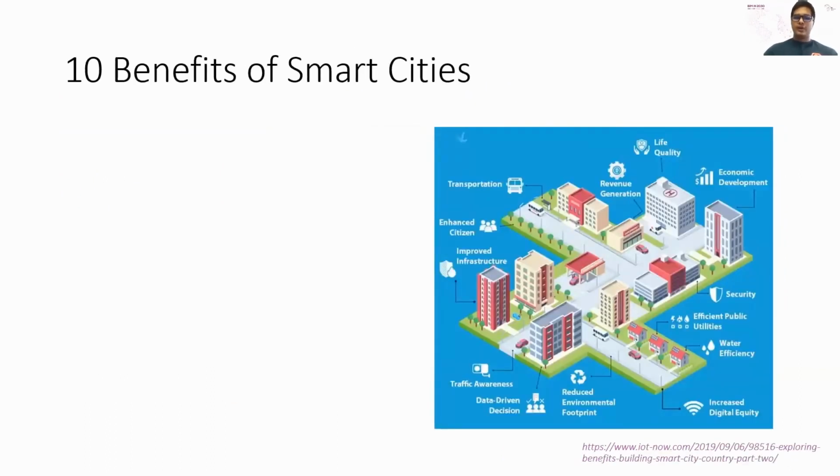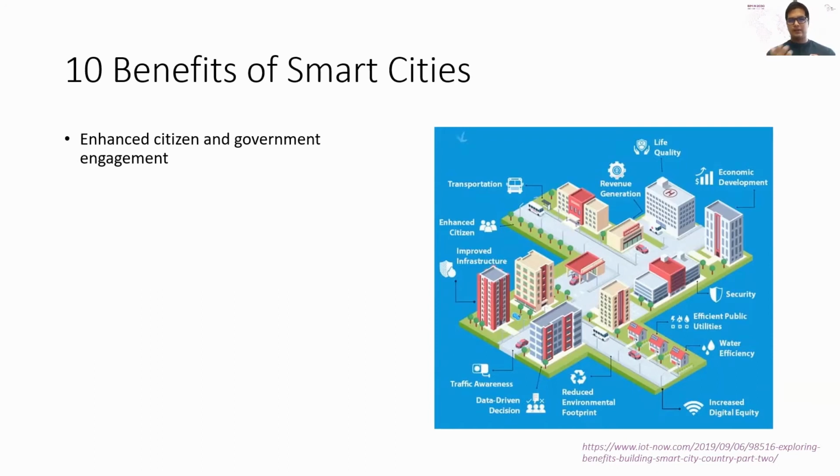Now, if we had to put a number on the benefits, right, there are a plethora of actual benefits, but I've summed them down to 10 from a really nice blog that I found, exploring the benefits of building smart cities. The first one is enhanced citizen and government engagement. There is no doubt of that, because if you have an interconnected, smart society, community, things are going to work much more smoothly because everyone is interconnected.